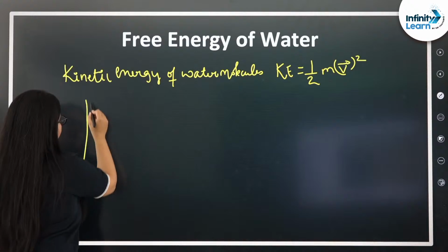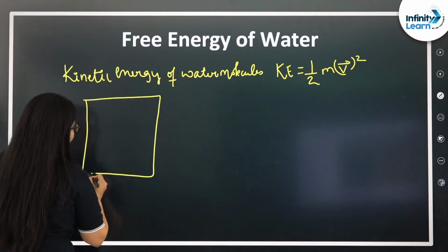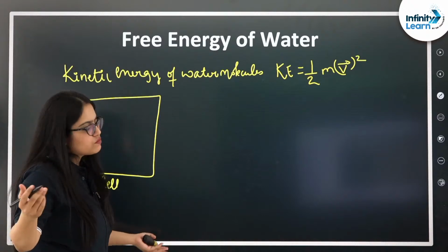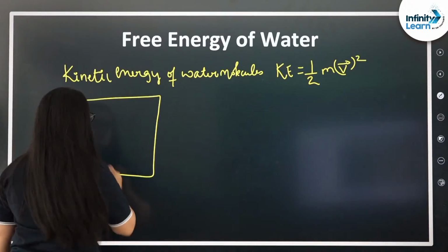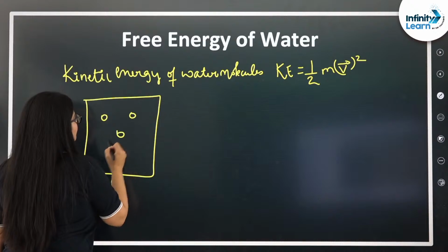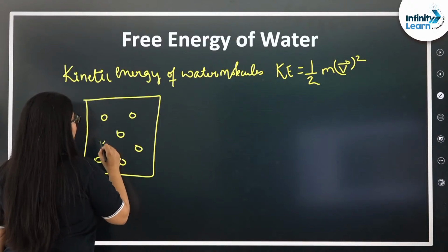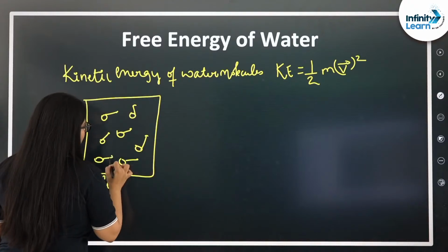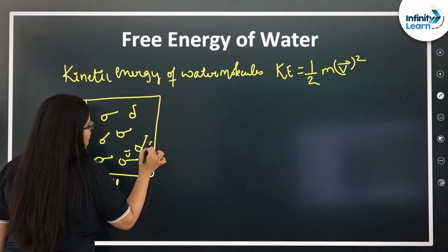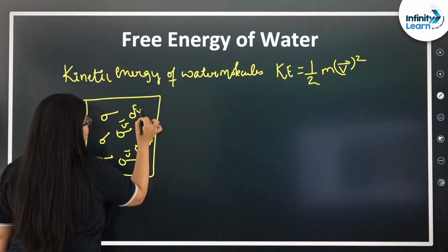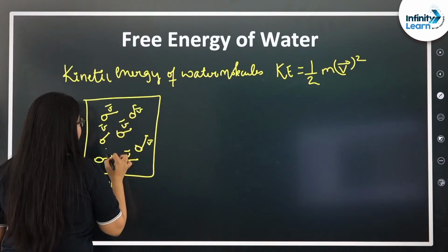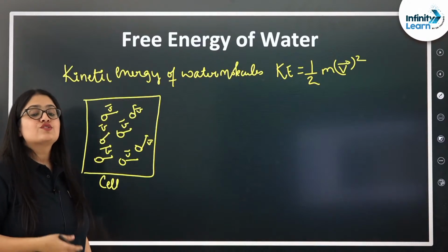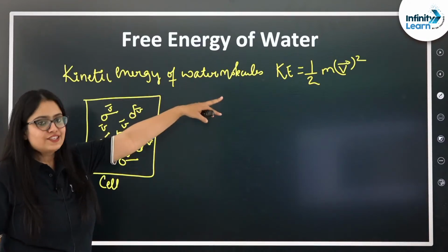For example, you can consider this is a cell or a biological system or physical system, any system, right? If this system possesses water molecules, these water molecules will be in continuous motion. That means they are going to possess some velocity. By virtue of possessing this velocity, each and every water molecule is going to possess kinetic energy.